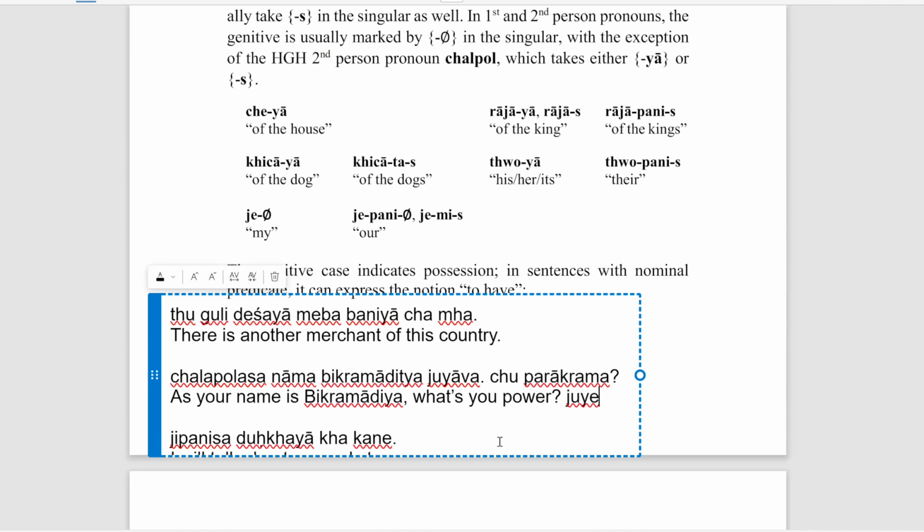Your power. Yeah, Vichu Baragrama. Baragrama is also Sanskrit. It means glory, fame, or also effort. So here, what's your power? And Chu is interrogative, like what or which. So in the story, this is the statuette asking the king, since you have this name, then what's your power? What's your glory? And does your glory fit with your name?